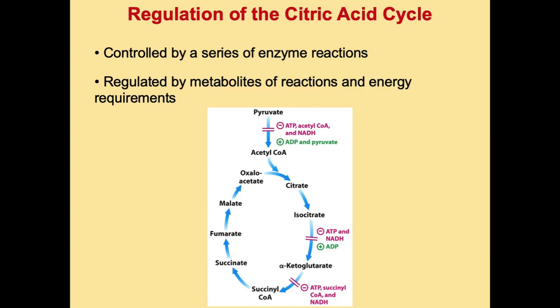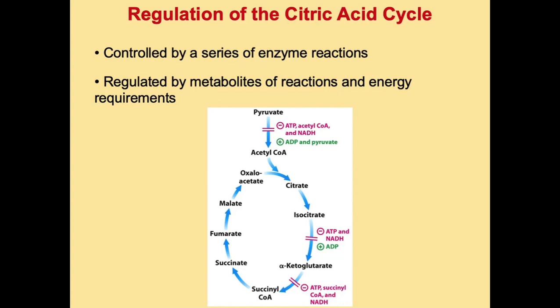As this cycle is involved in the production of NADH, and it's also indirectly involved in the production of ATP, high levels of these two molecules will inhibit the enzymes that regulate this cycle. Conversely, if we have high levels of ADP, which means that the ATP has been used up, this will promote the activity.